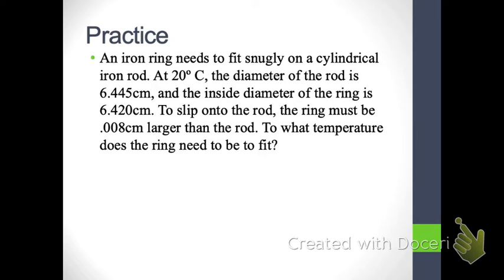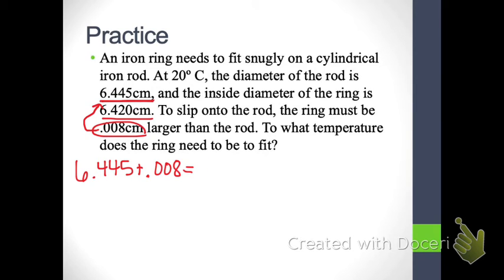We first need to figure out, well, what do we need for our ring to be, right? If the diameter of the rod is this and the ring is this, but it needs to be 0.008 centimeters larger than the rod, that means we need the ring to be a total of, let's see, 6.445 plus 0.008.